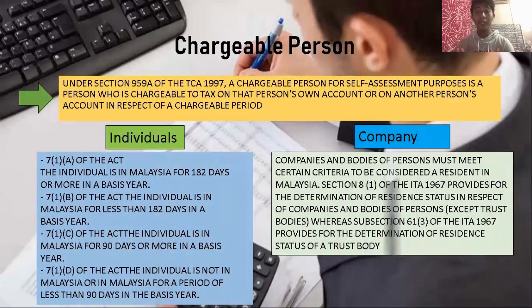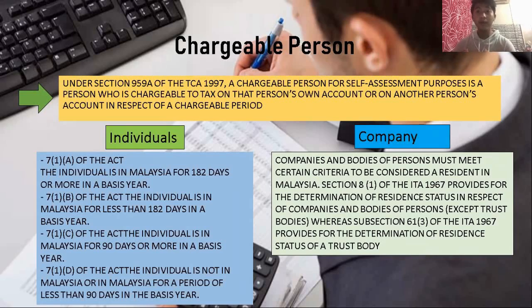So I will present about chargeable person. Under section 98A of the TCA 1997, a chargeable person for self-assessment purposes is a person who is chargeable to tax on that person's own account or on another person's account in respect of a chargeable period. The first one is individual. Under section 7(1)(a) of the Act, the individual is in Malaysia for 182 days or more in a basis year.